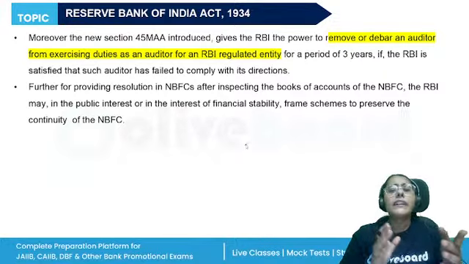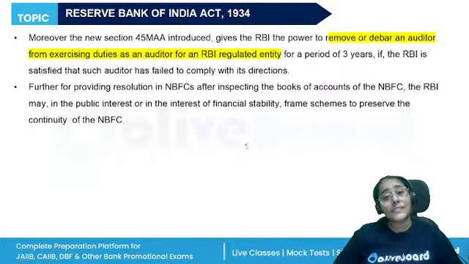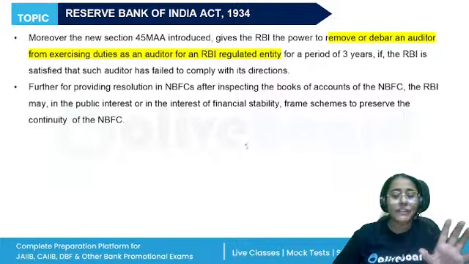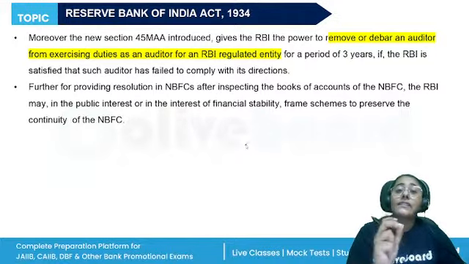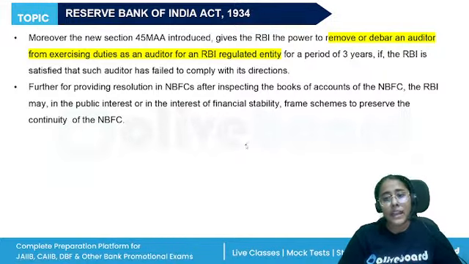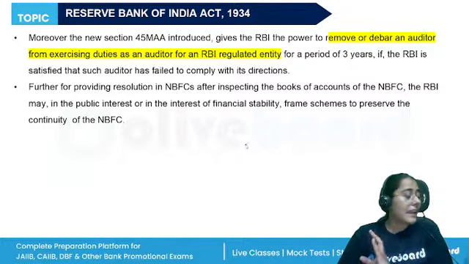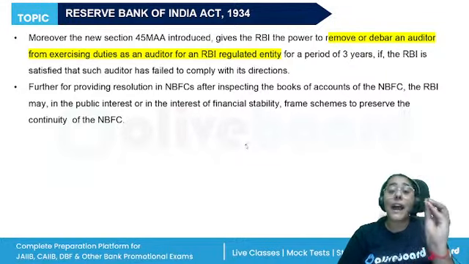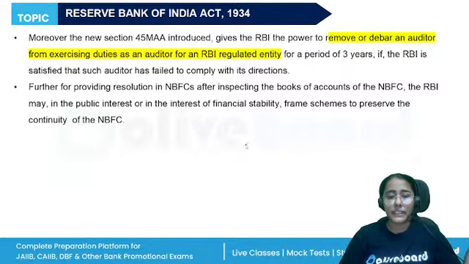RBI will check the fit and proper criteria, the nature of the directors, the banking business, the past history of the promoters, everything. And then RBI can give the license, or they can reject the license. RBI has the right to cancel the license as well, right? RBI can remove the directors of the bank, RBI can change the management of the bank. Everything will be done by RBI.